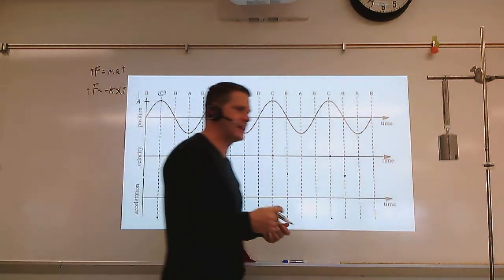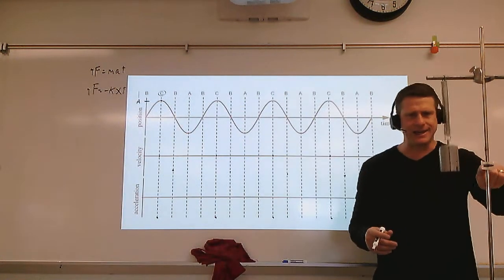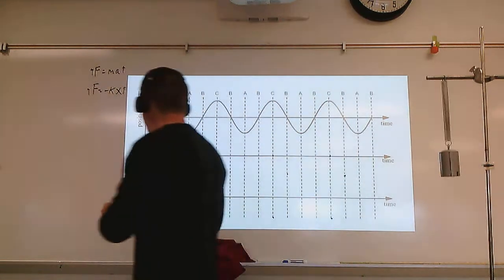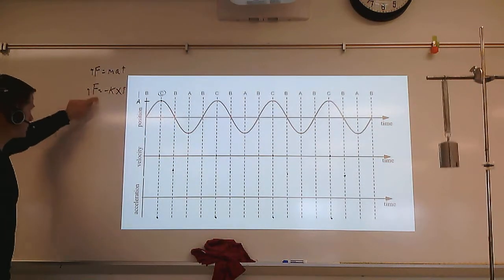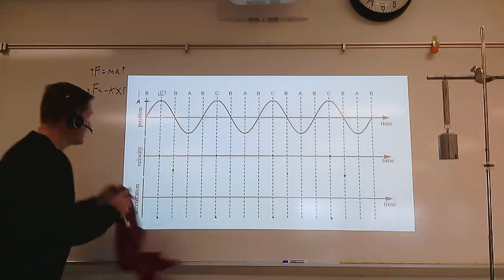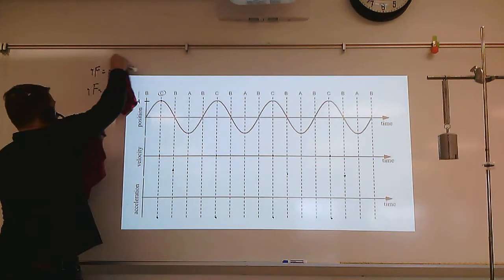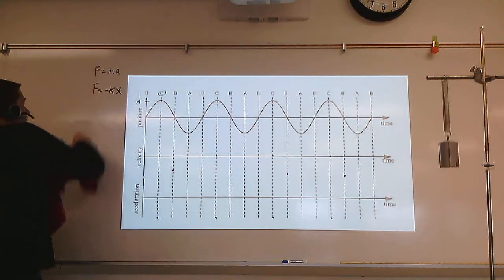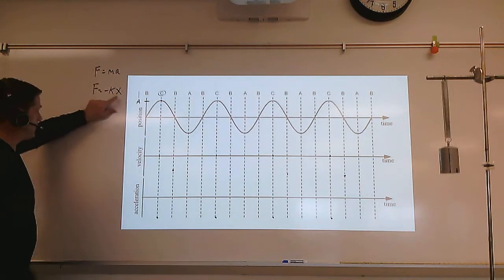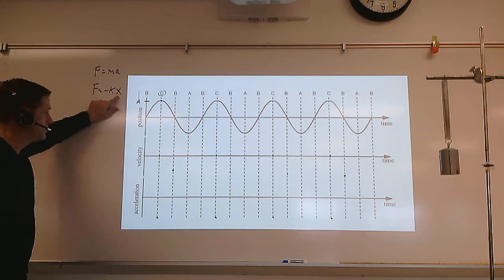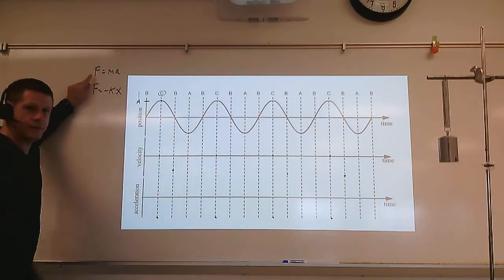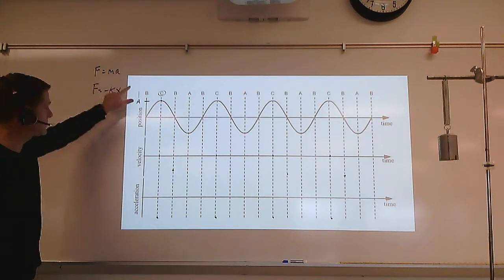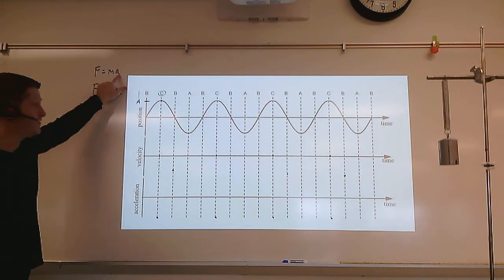Well, what about the acceleration when this thing hits the equilibrium point? Well, look at it again. Acceleration is determined by force. Force is determined by x. So we have this kind of square logic here. If x is equal to 0, which is what happens here at B, then force is 0. And if the force is 0, then the acceleration also has to be 0.